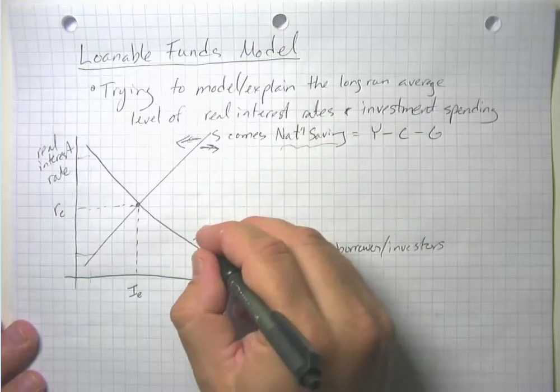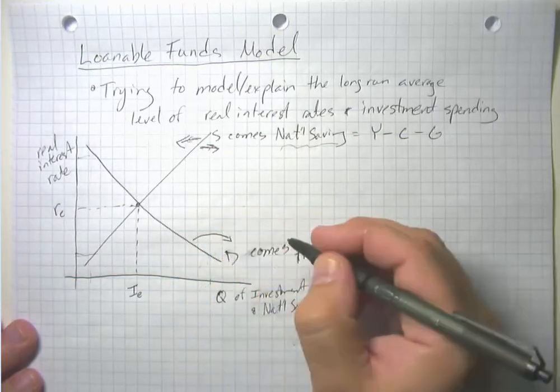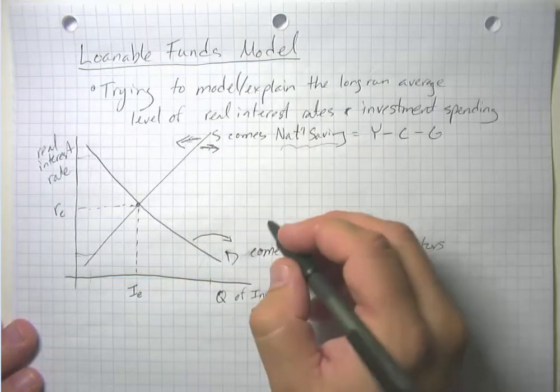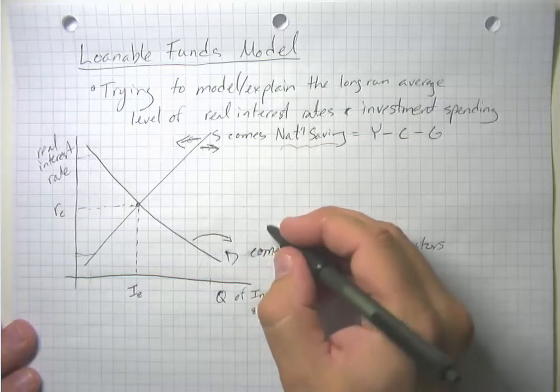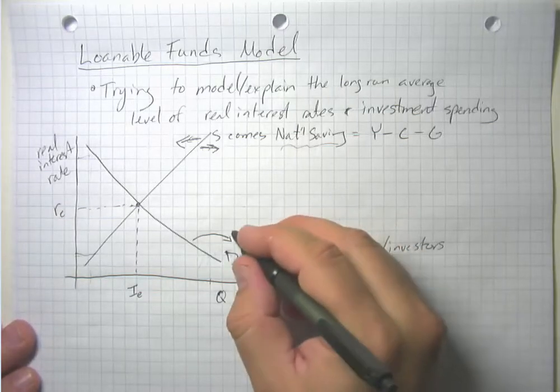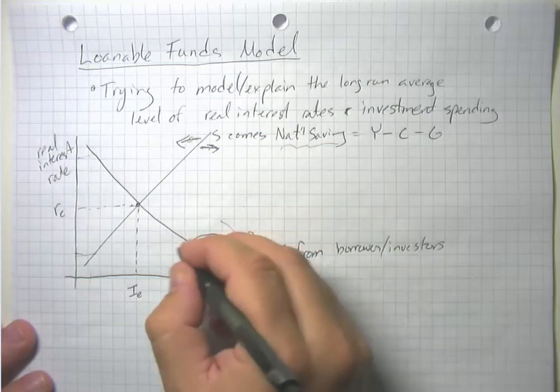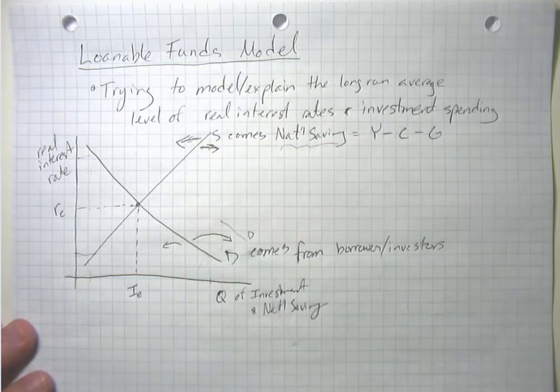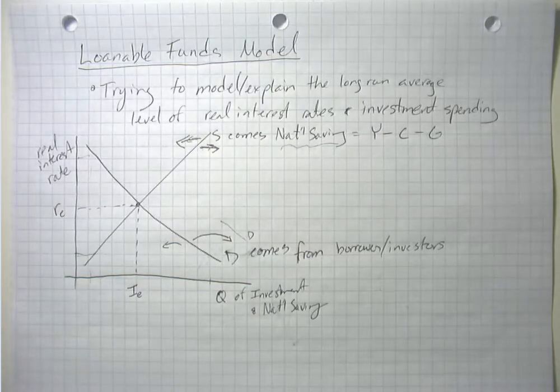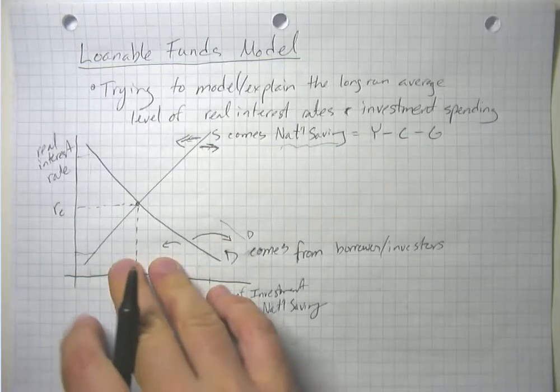If firms want to undertake more investment spending because they're more optimistic about the economy or because exciting new technologies have become available, then the demand curve is going to shift to the right. If, on the other hand, firms become less eager to undertake investments because they've become more pessimistic about the future or because there are no exciting opportunities to make investments, then the demand curve is going to shift to the left.